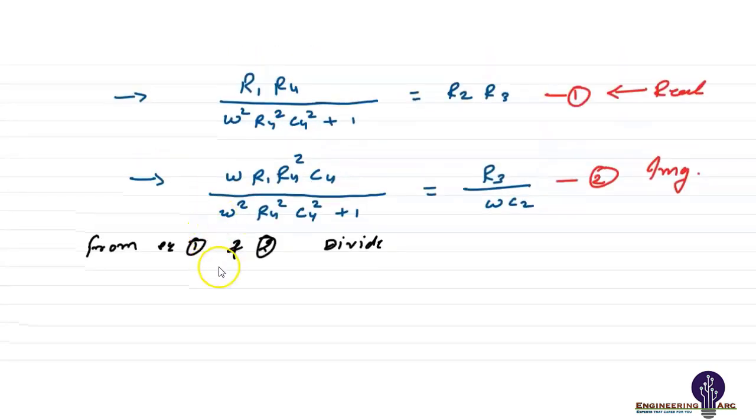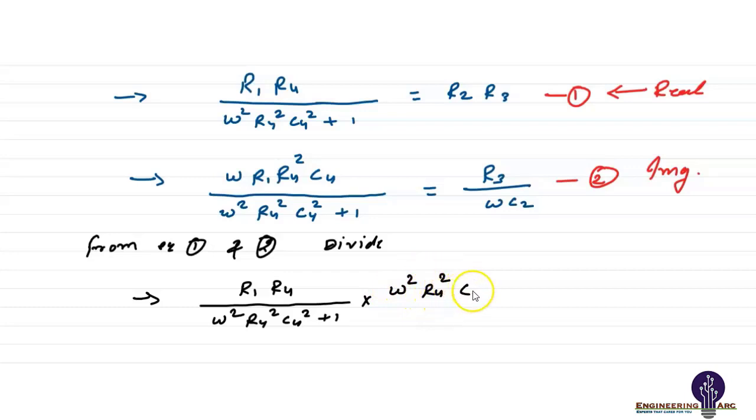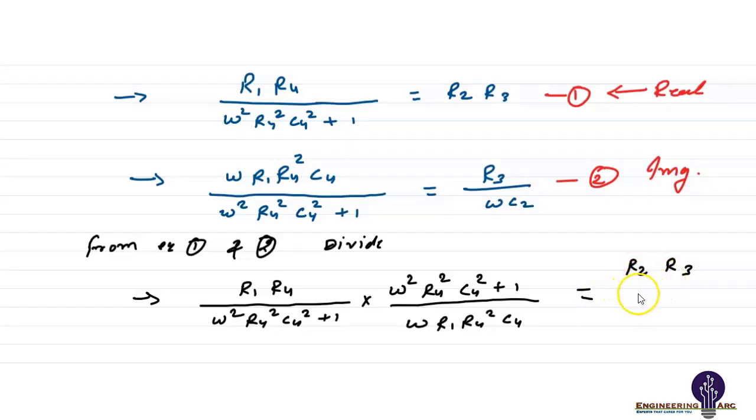Then the function will be R1 R4 upon omega square R4 square C4 square plus 1, with the second function in the denominator taken as reciprocal: omega square R4 square C4 square plus 1 upon omega R1 R4 square C4, equals R2 R3 upon R3 upon omega C4.